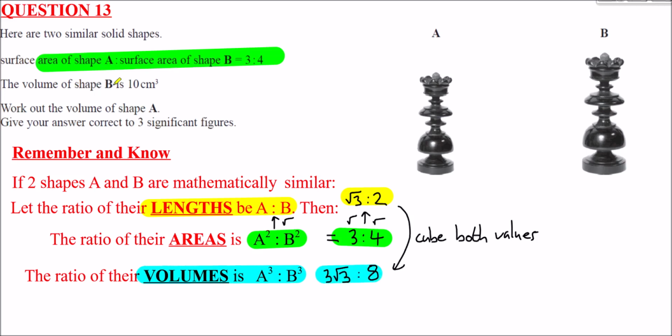Now we're told what the volume of shape B is. The volume of shape B is 10 cm cubed. So those 8 parts for B, remember this is A then B, those 8 parts must be worth 10 cm cubed. So what do we need to multiply 8 by to get to 10? Well, I can do that by doing the big number divided by the smaller.